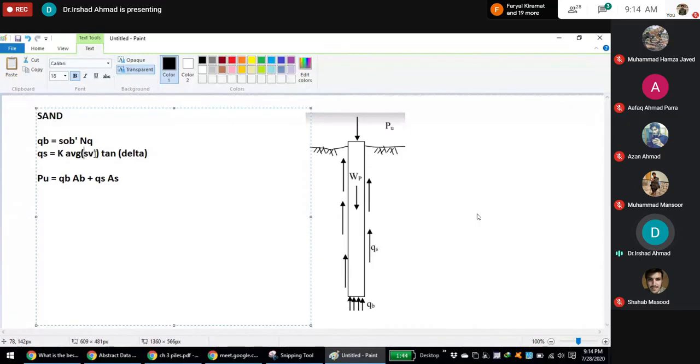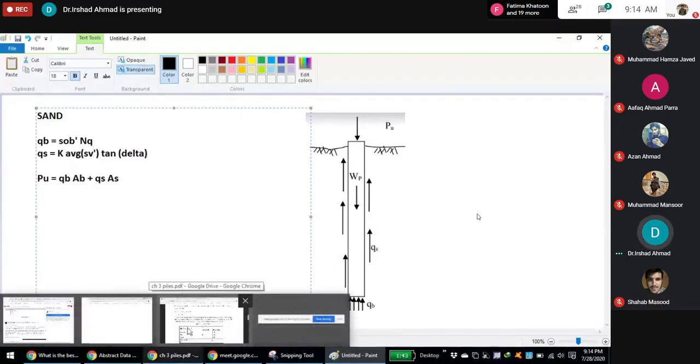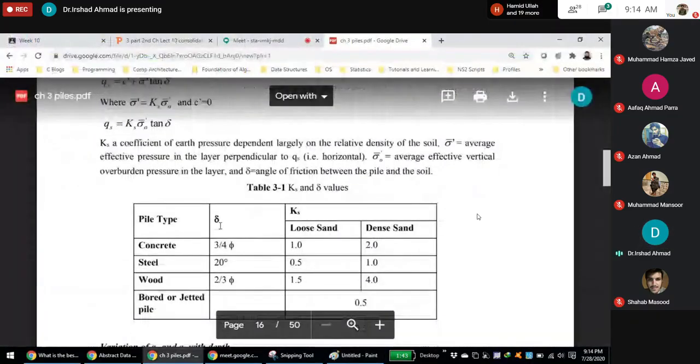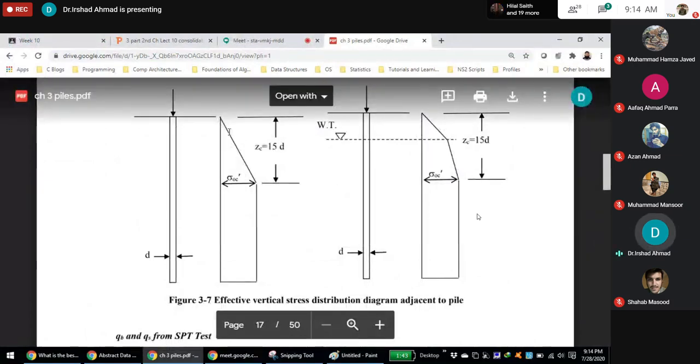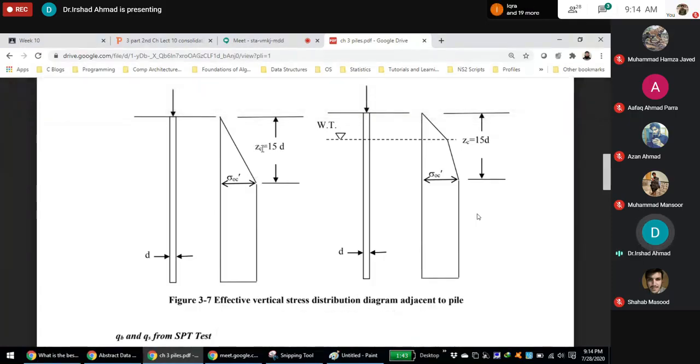Rather, after some depth, they become constant, and that depth is called critical depth. Here you see, this is the vertical effective stress, and it increases with depth, but when it reaches ZC, which is equal to 15 times diameter of the pile, after this depth, the vertical stress becomes constant.